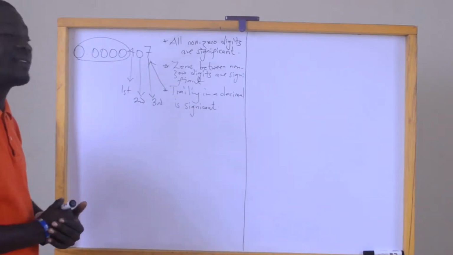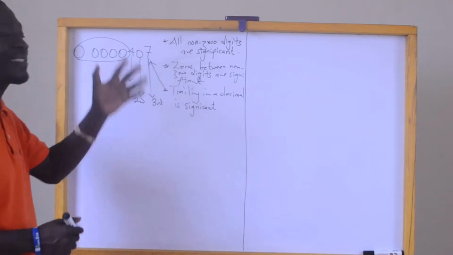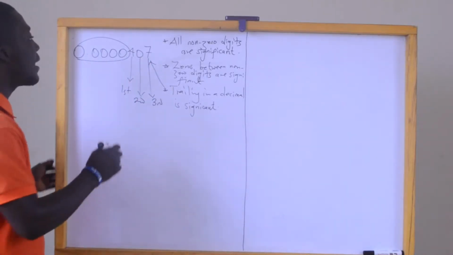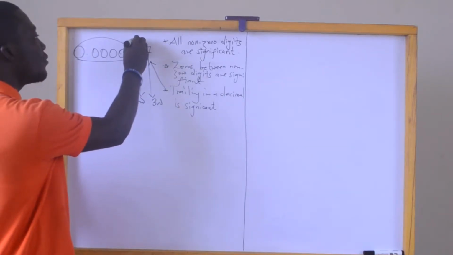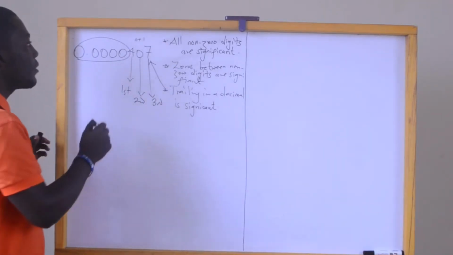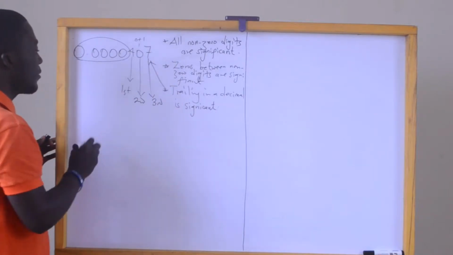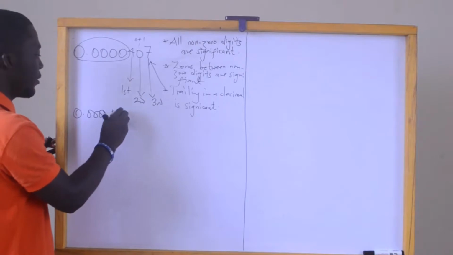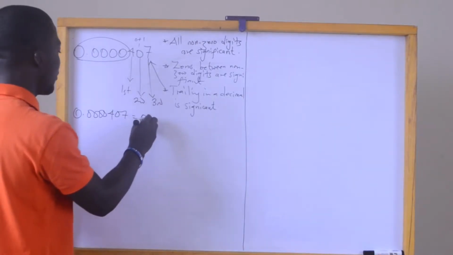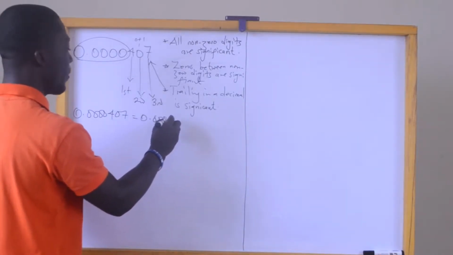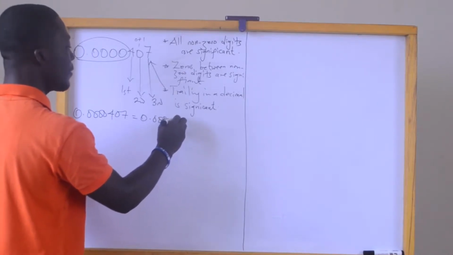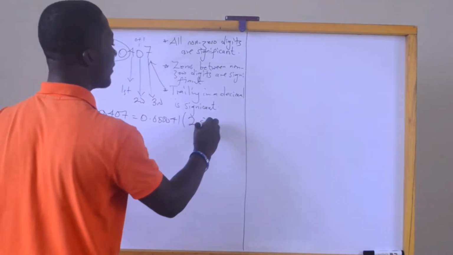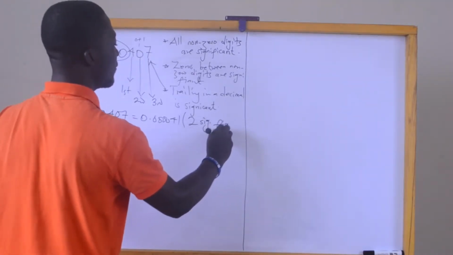But if it is less than 5, we maintain the number and discard the 7. So if we do that, we are going to add 1 to this 0, which will give us 1. So at the end, 0.000407 is equal to 0.00041 to two significant figures.